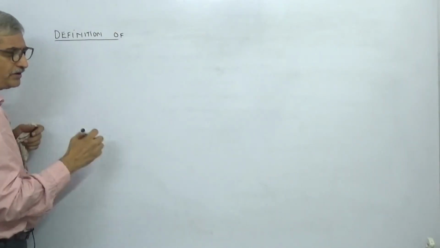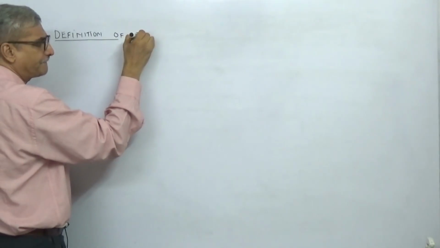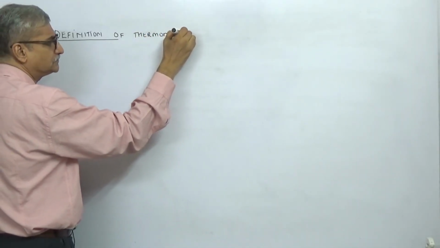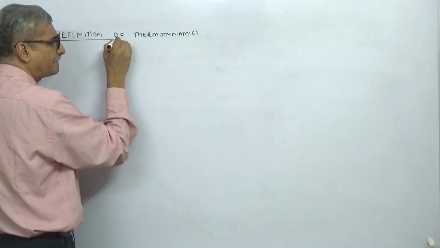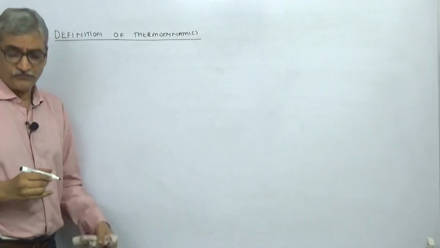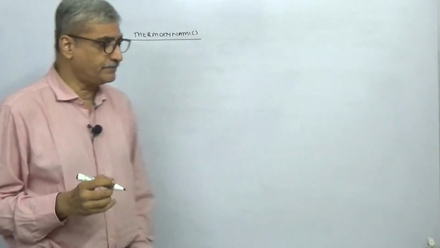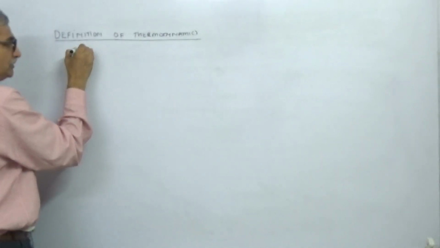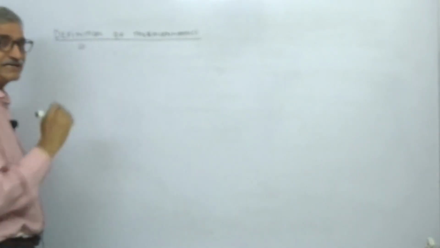Definition of thermodynamics. It is a study of quantitative relationship between heat and other forms of energy. So the whole definition has two parts.